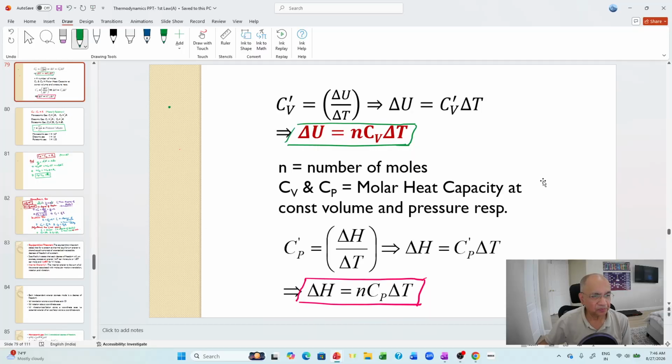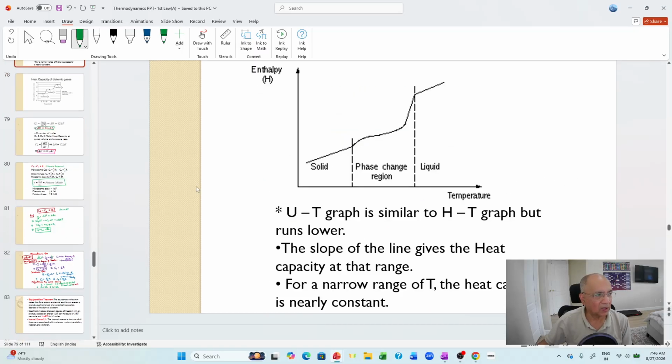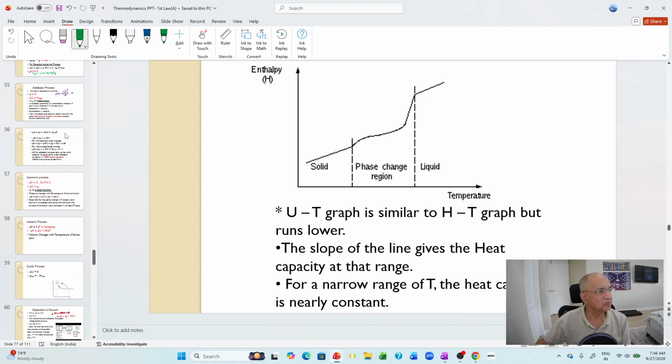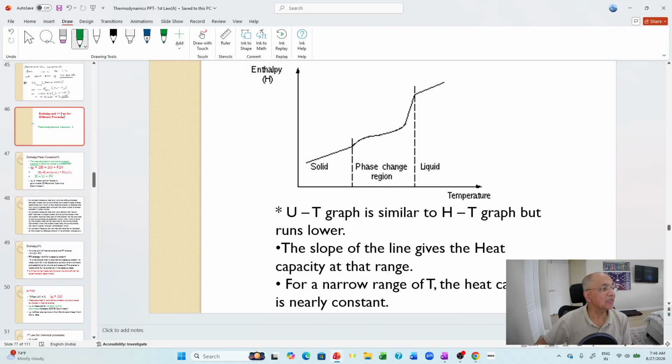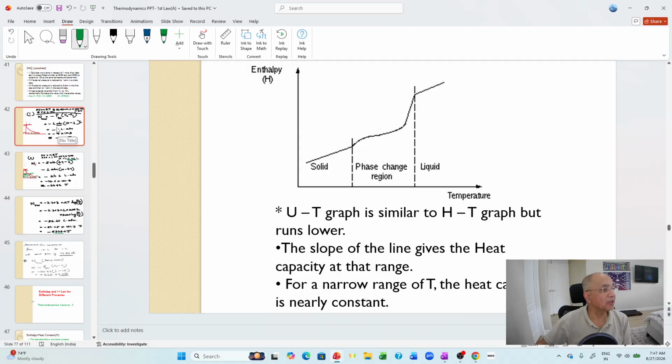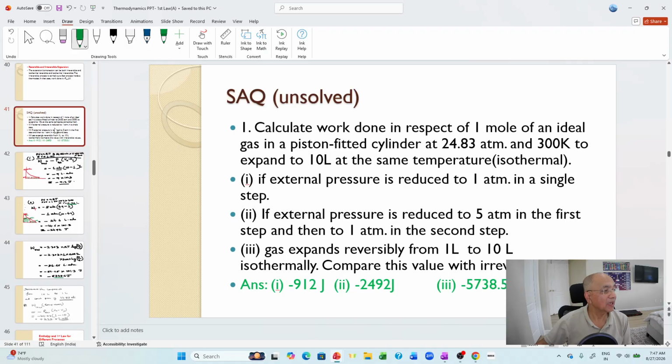Now, look to this problem we left. Calculate the work done in respect of 1 mole of an ideal gas in a piston fitted cylinder at 24.83 atmosphere.